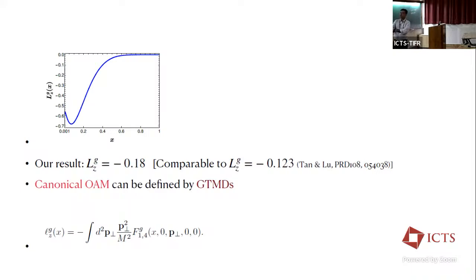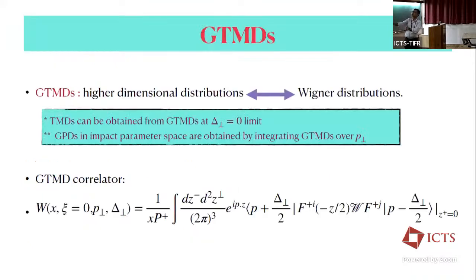But another way of defining this angular momentum is called canonical angular momentum, which you can define through GTMDs. Next, I will have a little bit of discussion about GTMDs. GTMDs are higher dimensional distributions, so they are not experimentally measurable. The Fourier transform of these GTMDs is related to the Wigner distributions.